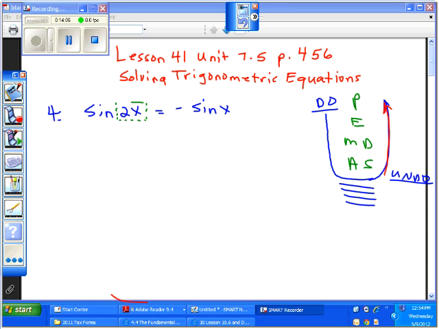So we're going to need to make a double angle identity substitution here before we start any solving. Sine 2x is equal to what? 2 sine x cosine x. Now that 2 is not on there, and that's equal to negative sine x.